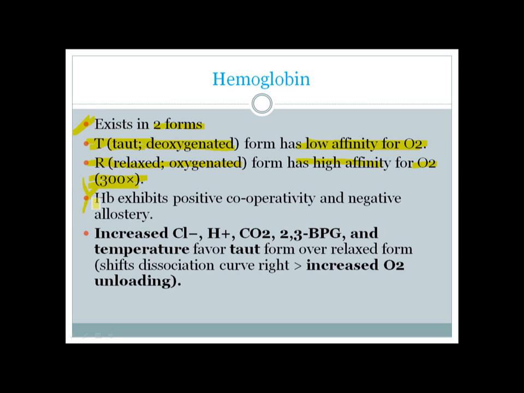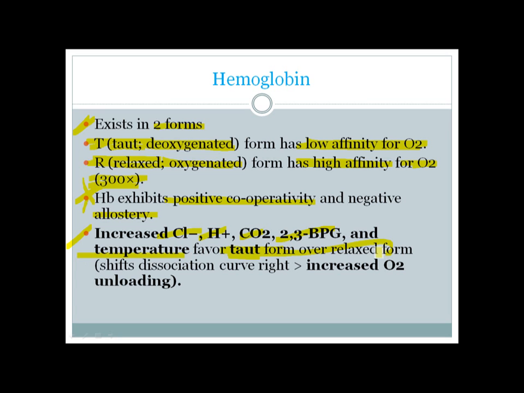So hemoglobin actually exhibits positive cooperativity and negative allostery. The positive cooperativity causes an increase in high affinity for oxygen in the relaxed or oxygenated form, and increases in chloride, hydrogen, carbon dioxide, 2,3-bisphosphoglycerate, and temperature actually favor the taut form over the relaxed form.